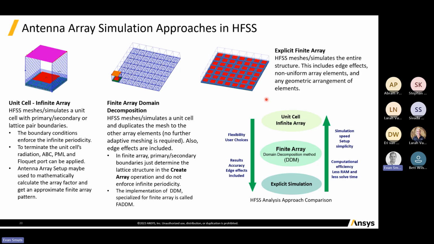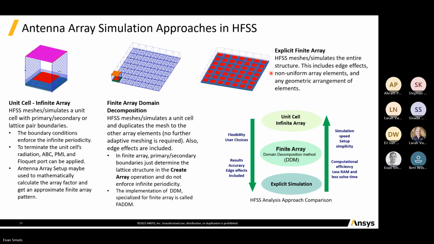This is where we explicitly model the entire design. All the elements are there, they're all active, and we account for everything that goes on. This is obviously the most accurate because we're including everything and solving it all together in one go. But it's also going to be the most time-consuming and heavy on resources, so we try and stay away from it as far as we can, but obviously it depends on the application.